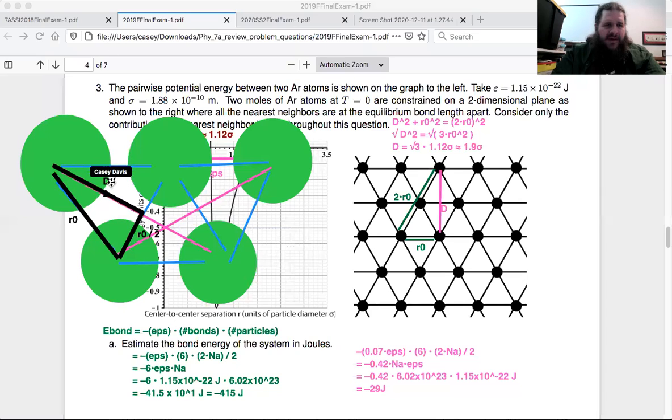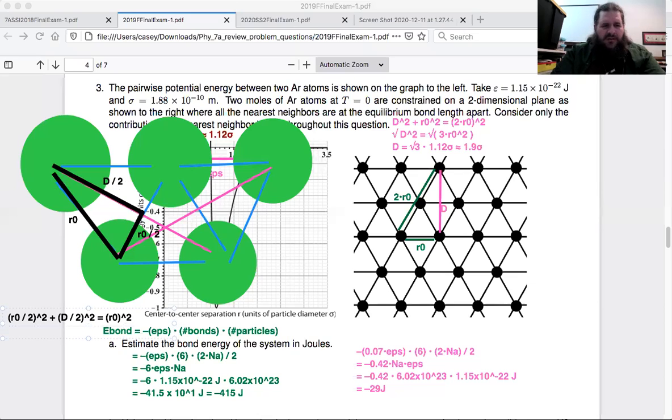So if we write this out as the Pythagorean theorem, we're going to have leg squared plus leg squared equals hypotenuse squared. So R naught over 2 squared plus d over 2 squared equals hypotenuse squared.